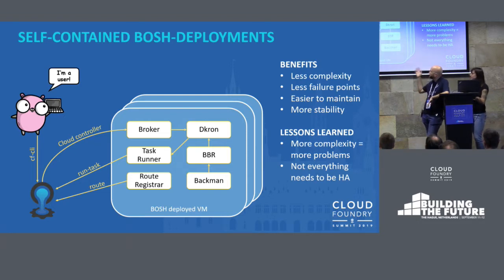We have a backup manager called Backman, which is also co-located and takes care of managing and running these BBR scripts. And we also make use of the route registrar to register the service broker on the system domain of Cloud Foundry. So everything is included within just one deployment, and it makes it easier for our operators to not have to reason about how this works with what other components and so on.